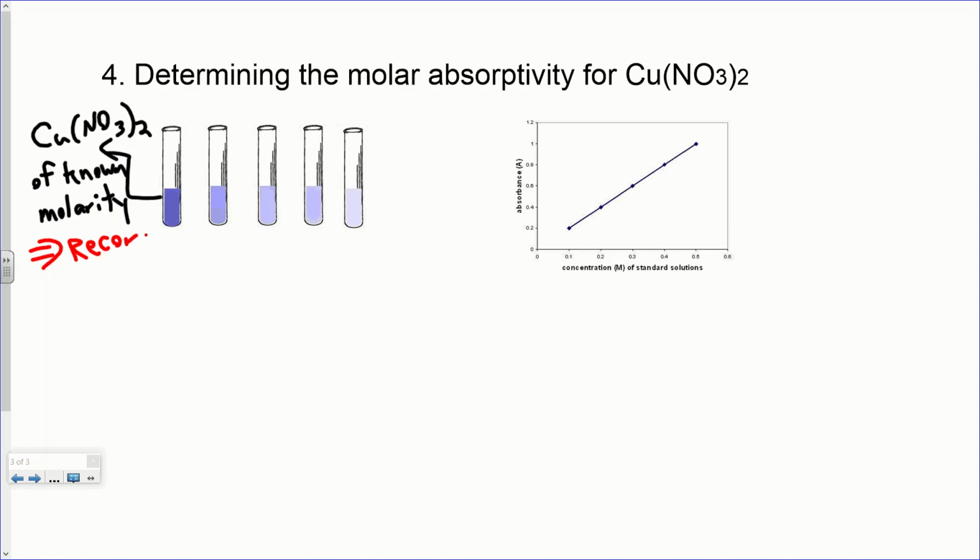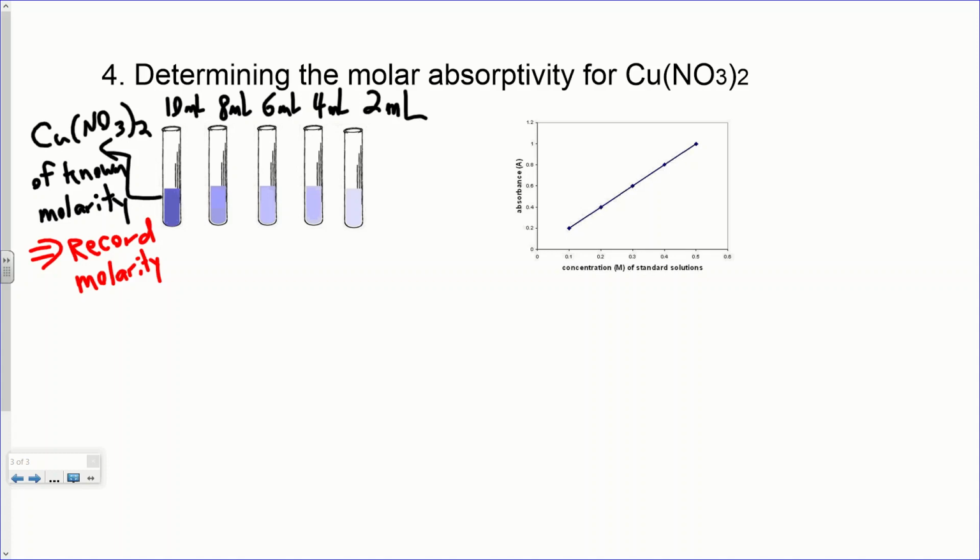But I haven't mixed the solution yet, so I don't know the molarity. And you're going to put 10 mils of that into one test tube, and then 8 mils into the second, 6 mils into the third test tube, 4 mils into the fourth, and 2 mils into the fifth test tube. And then you're going to dilute to the line with water.